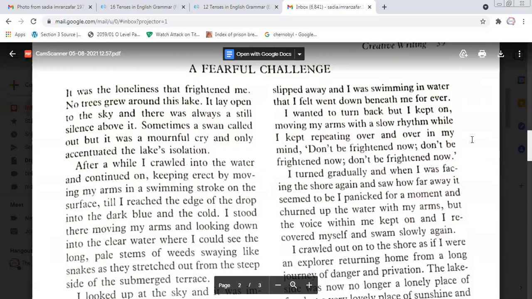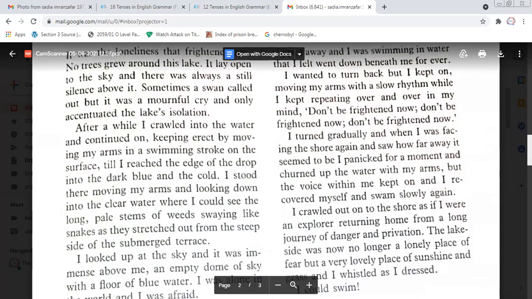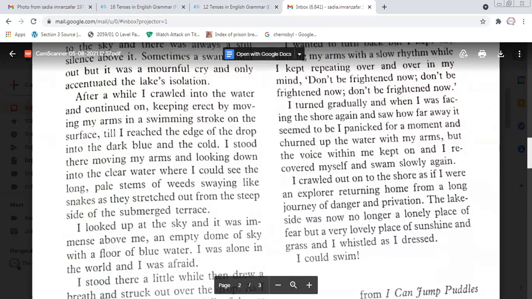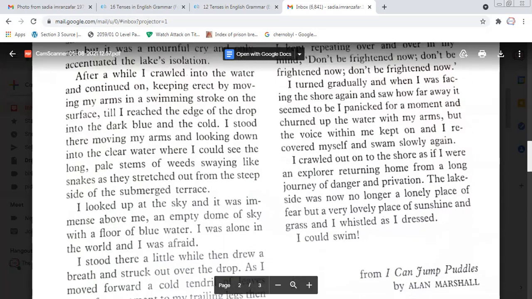After a while, I crawled into the water and continued on, keeping erect by moving my arms in a swimming stroke on the surface till I reached the edge of the drop.